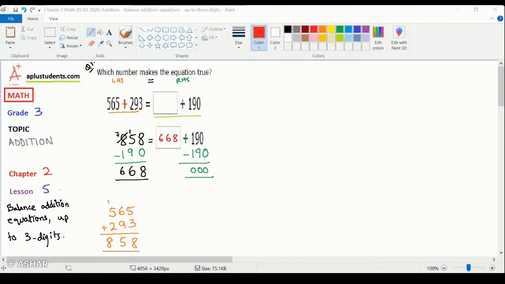For the next question, it's given to us which number makes the equation true. This would be our question number 2.